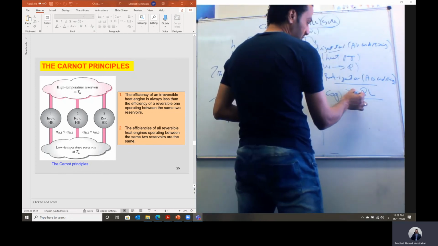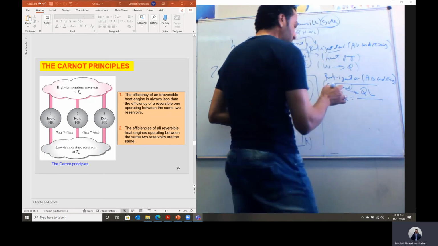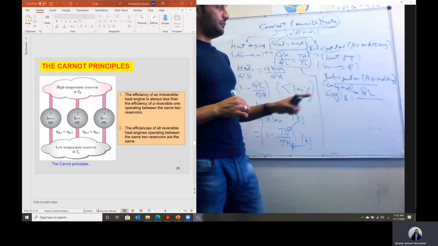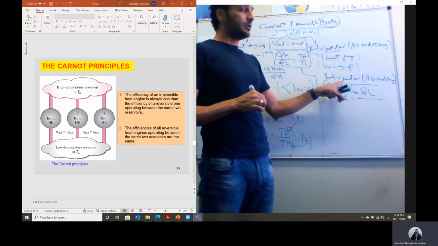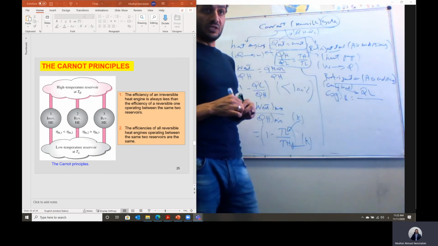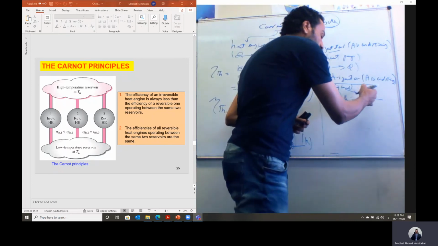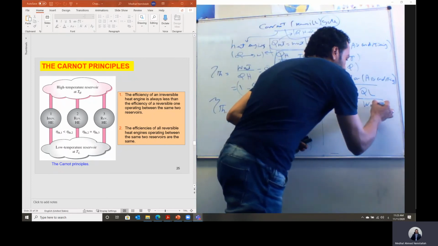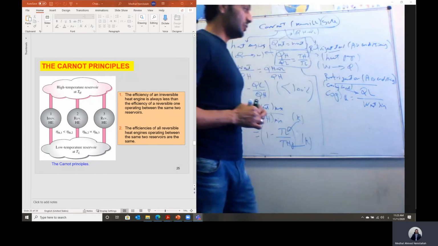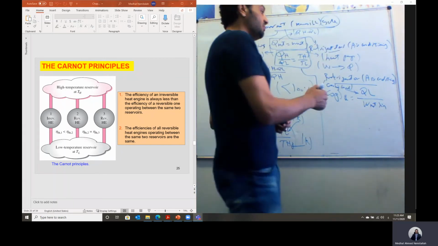We call this Q low the cooling load, the load required to be cooled down, like a food compartment in a refrigerator, or the amount of heat that we need to absorb from the air to cool it down in air conditioning. That is equal to the cooling load, Q load, divided by the net work input to the system, which is the work input to the compressor. This is the coefficient of performance.